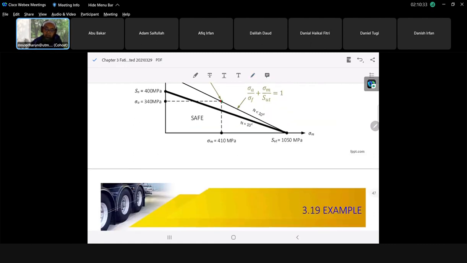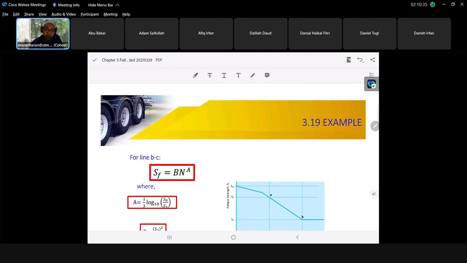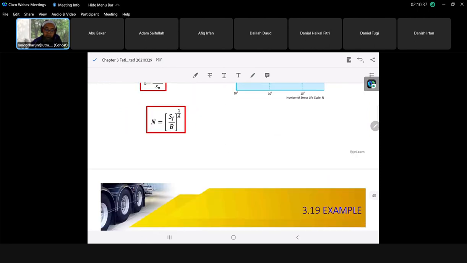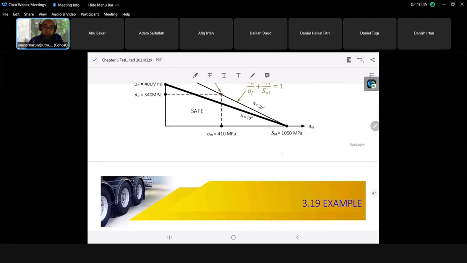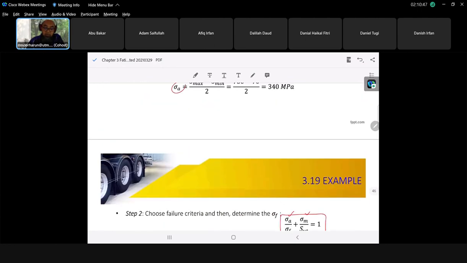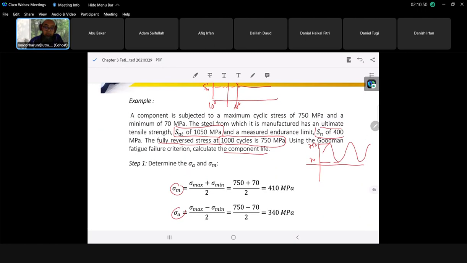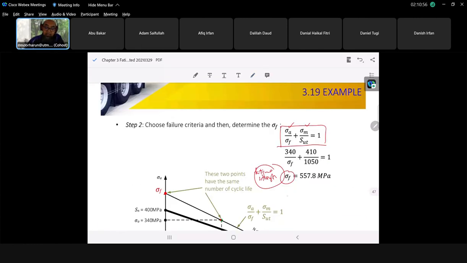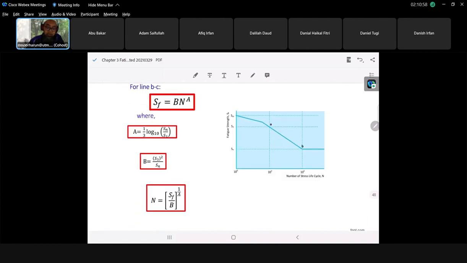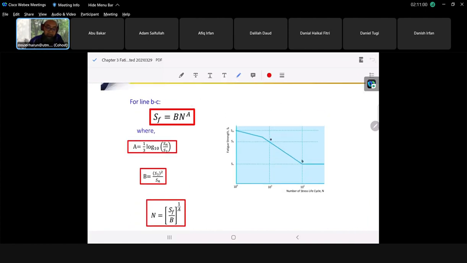After that, in order to calculate, because the equation, the question is how to calculate the component life, means the numbers of cycle. So we have to use this one, numbers of cycle.